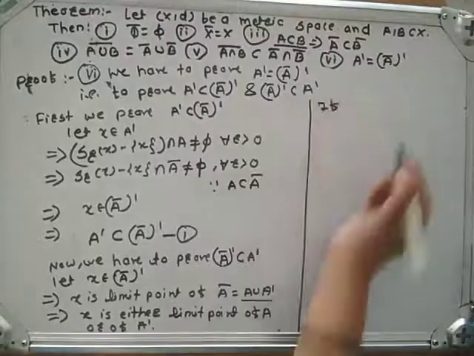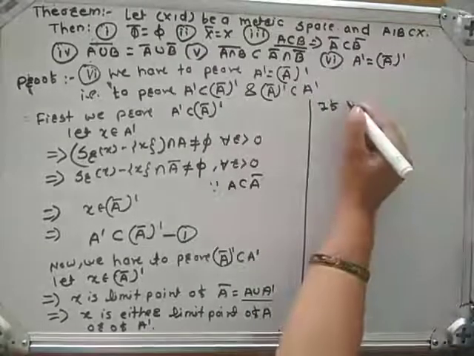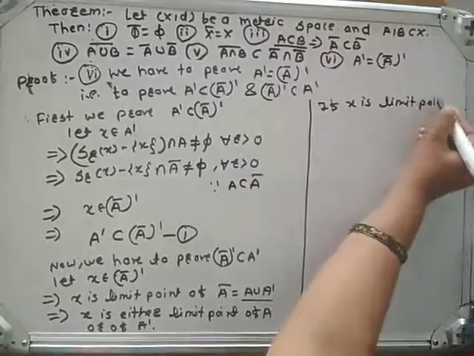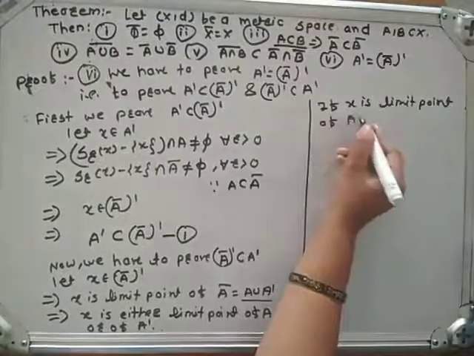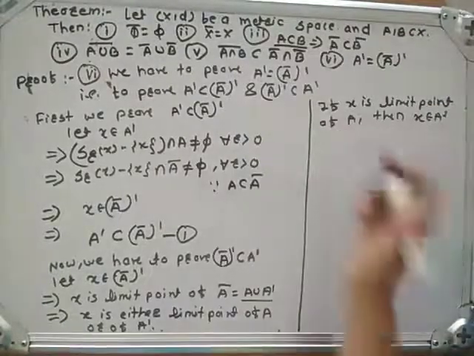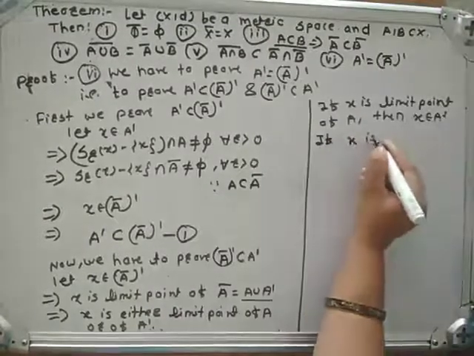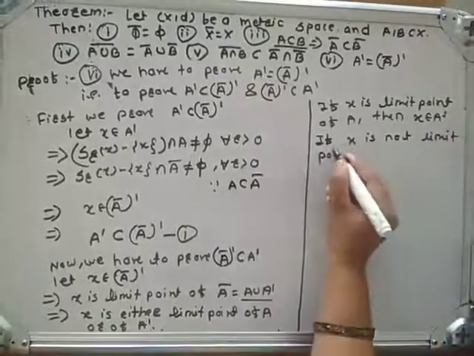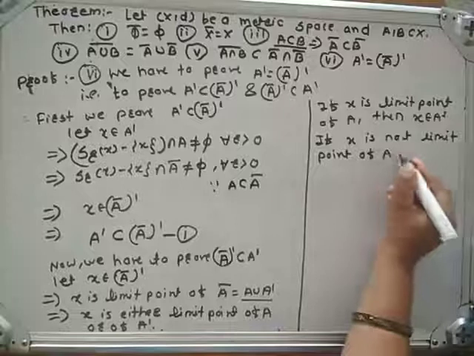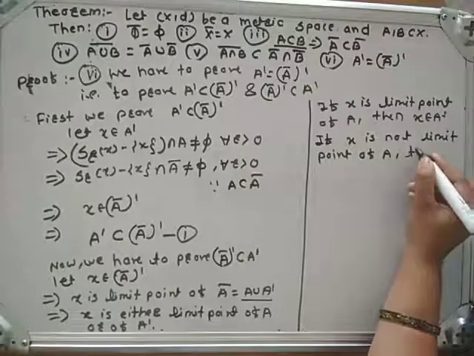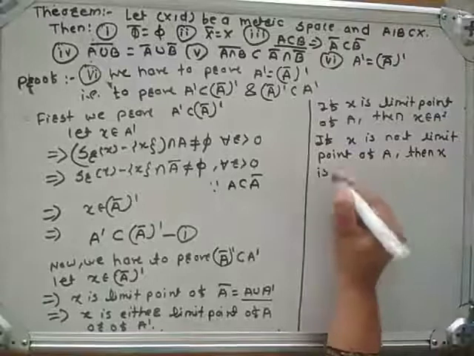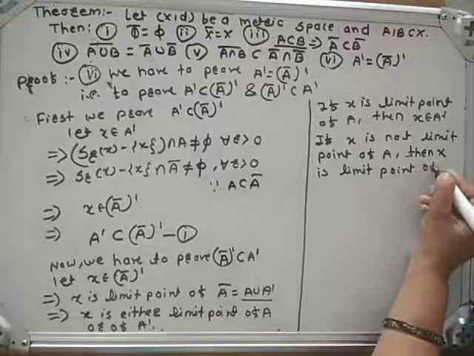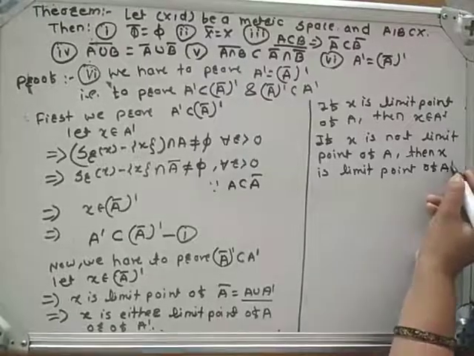If x is a limit point of A, we are done. If x is not a limit point of A, then x is a limit point of A dash.